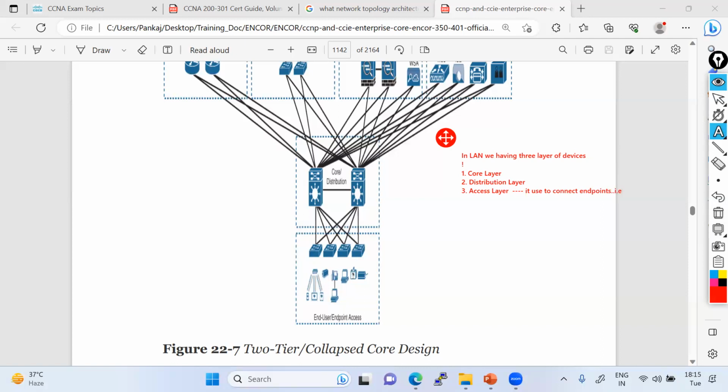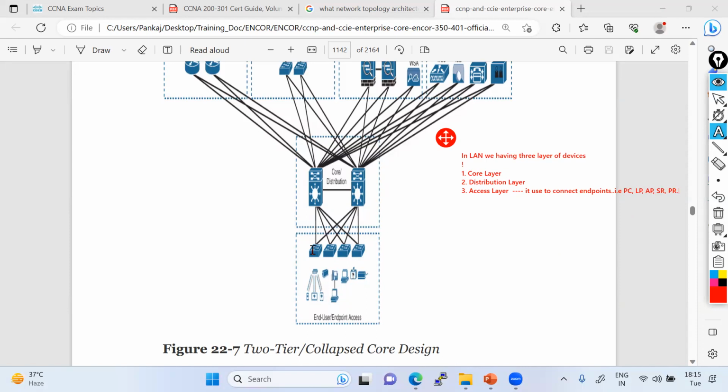Like PC, laptop, access point, server, printer, anything you can connect. So this is the access layer. On the access layer, your actual PC is going to be connected. When you sit in your office and connect to any of the switches, they are always referred to as the access layer, and our devices are connected to the access layer.